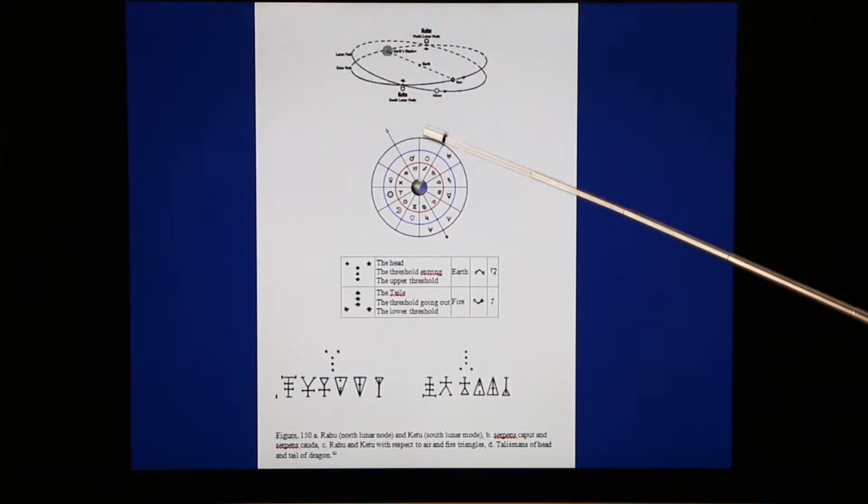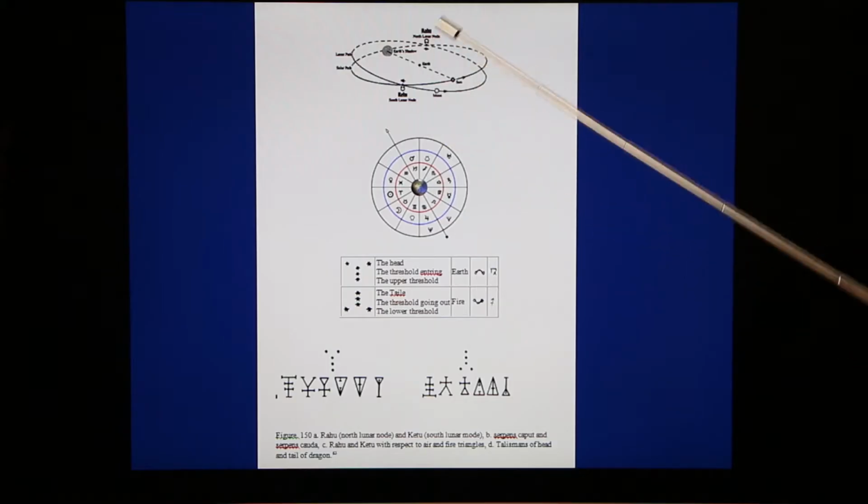We have Rahu and Ketu, and Rahu and Ketu are not planets in the west, but they are in the east, and they are the points where the path of the sun intersects with the path of the moon. And it's only two places, and those two places, when they intersect, and not every time because they intersect frequently, but sometimes when they intersect, then that causes an eclipse.